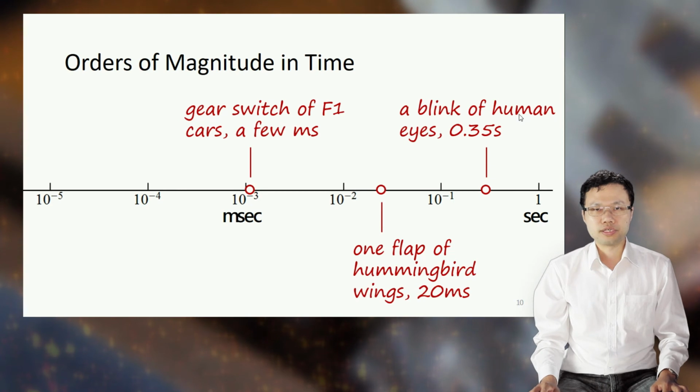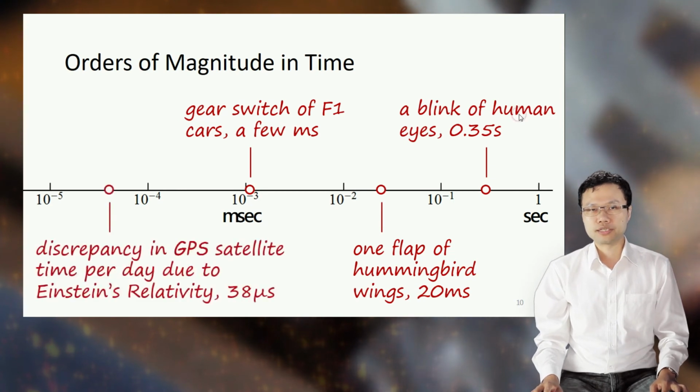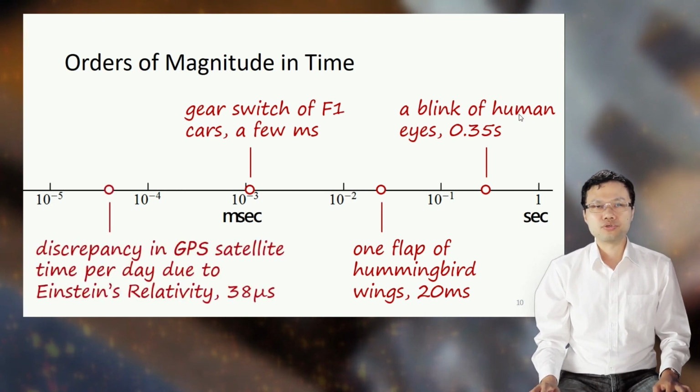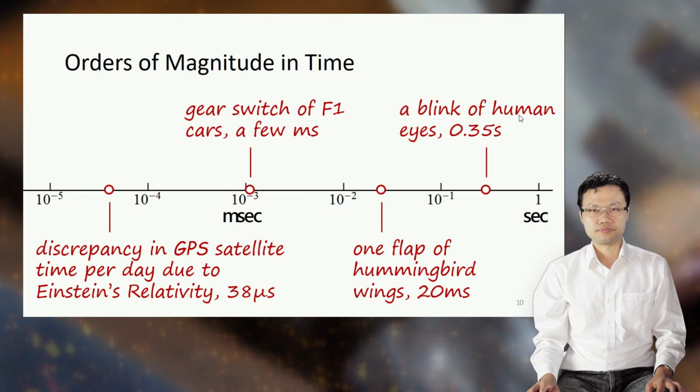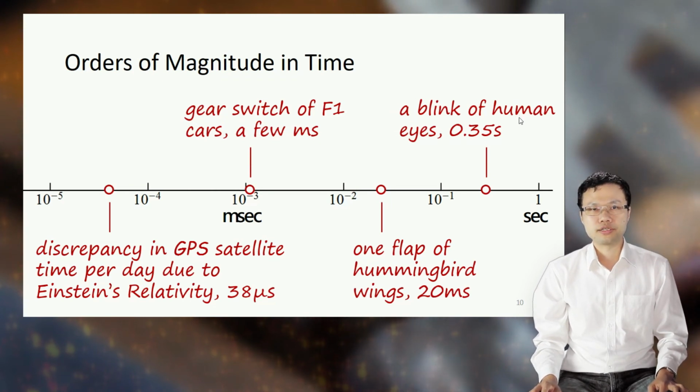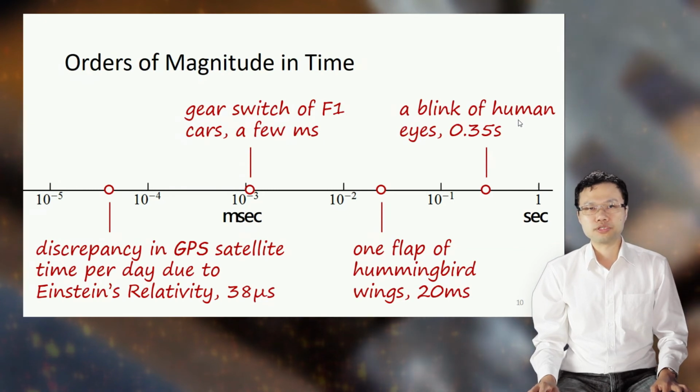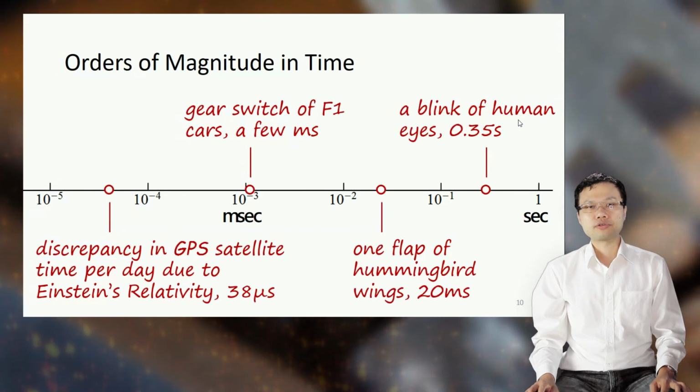The discrepancy in the time of the GPS satellite per day due to the effect of Einstein's general relativity is 38 microseconds. The GPS system has to correct this time discrepancy, otherwise the errors in global positions would accumulate at a rate of about 10 kilometers per day.